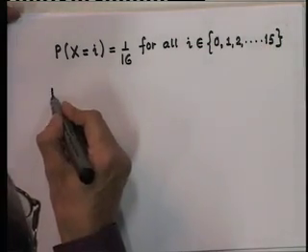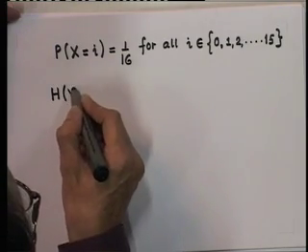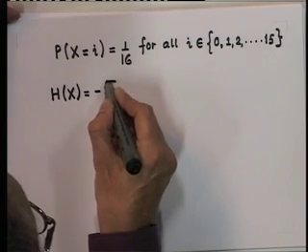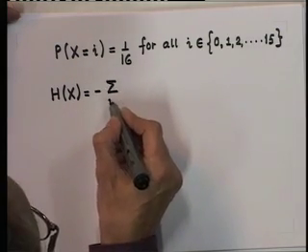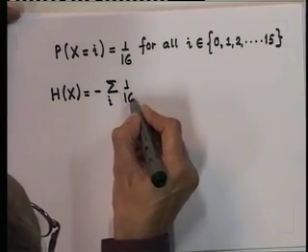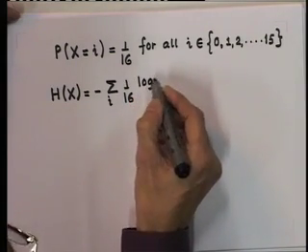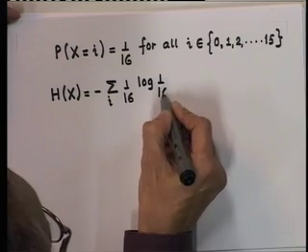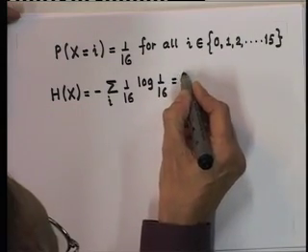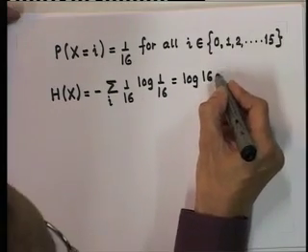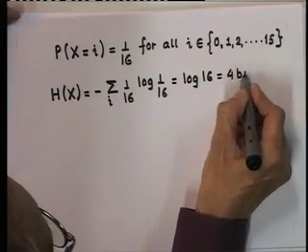And therefore, the entropy for this source is given as follows: sum of P x log of 1 by P x to the base 2 is equal to log to the base 2 of 16 is equal to 4 bits.